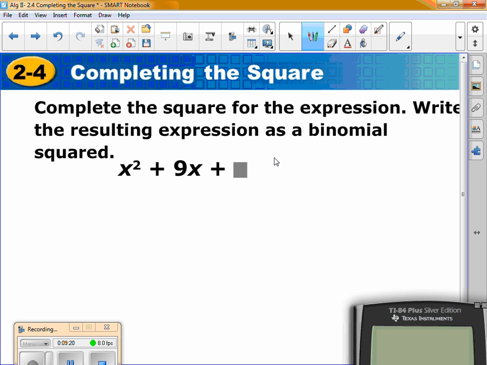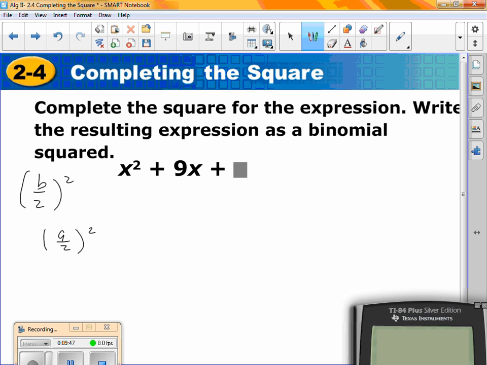Here's this one. X squared plus 9x plus something. If I have b over 2 squared, what's your b? 9.